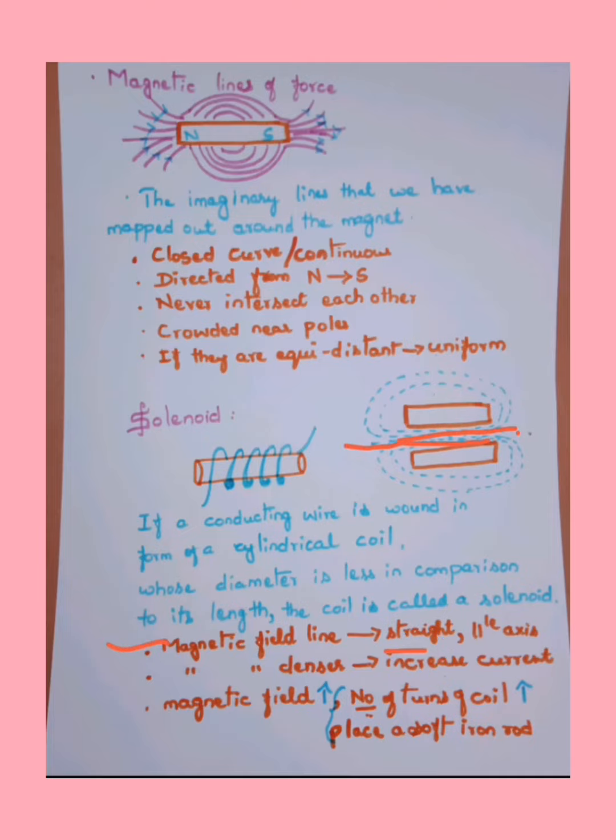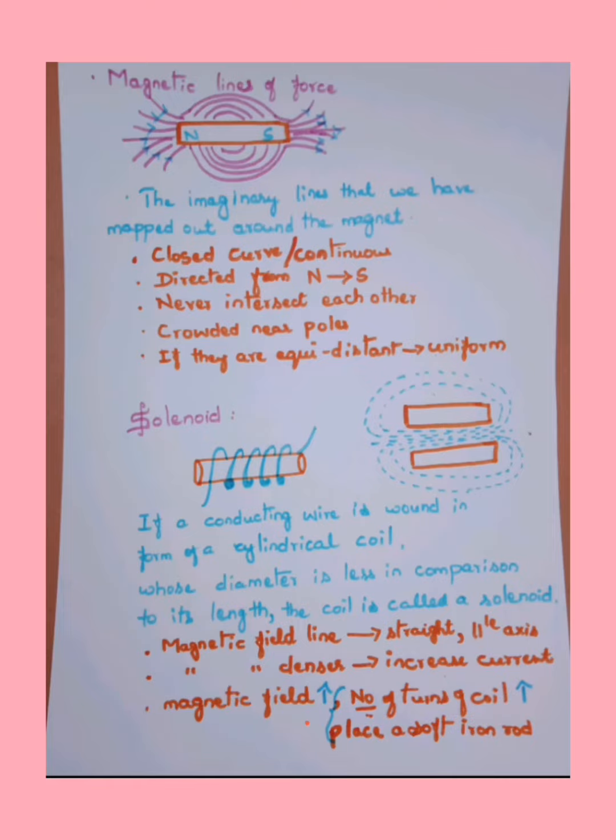Suppose you are connecting this to the battery, and you increase the current from 1 ampere to 2 ampere. Here you can find the strength of the magnetic field lines will be more. Then the magnetic field lines will also be increased by increasing the number of turns of the coil. This arrow mark indicates increasing.